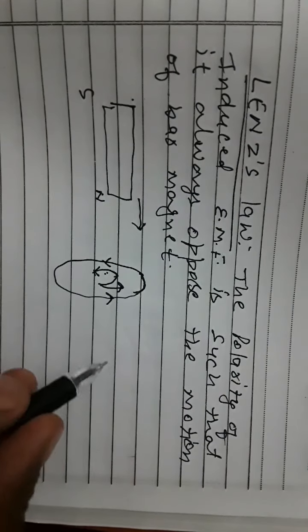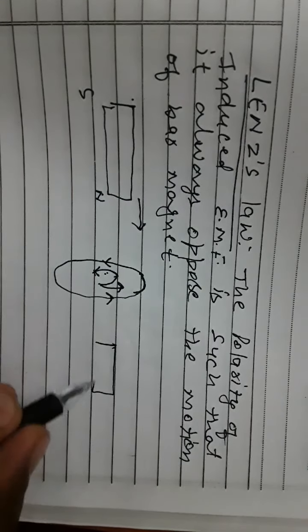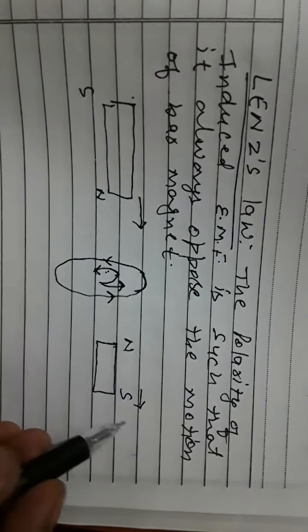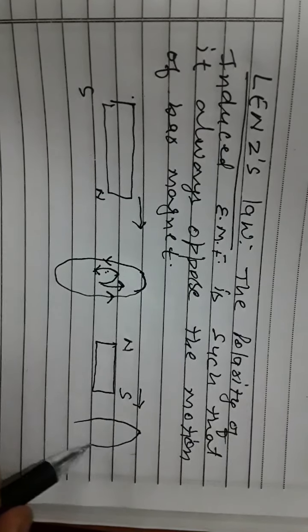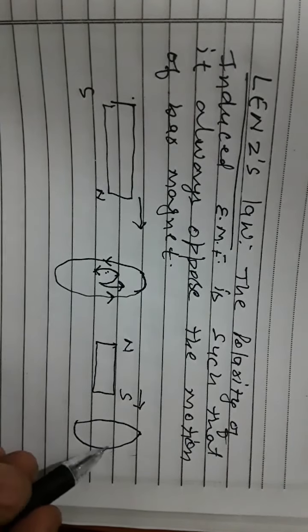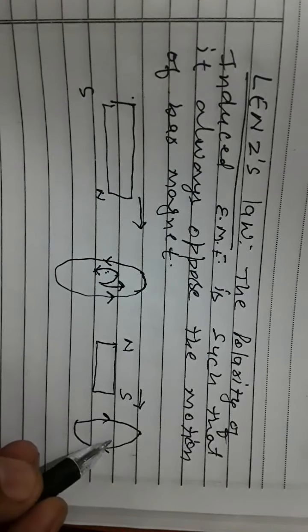So we can say that this north pole opposes the motion of the bar magnet. In the second case, if the south pole is moving towards the coil, then induced EMF will be produced and its direction will be clockwise like this.